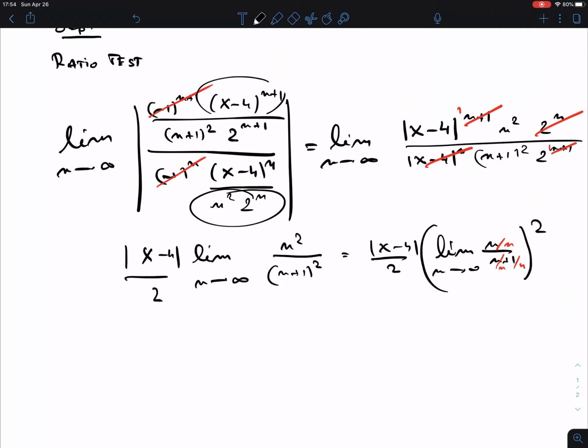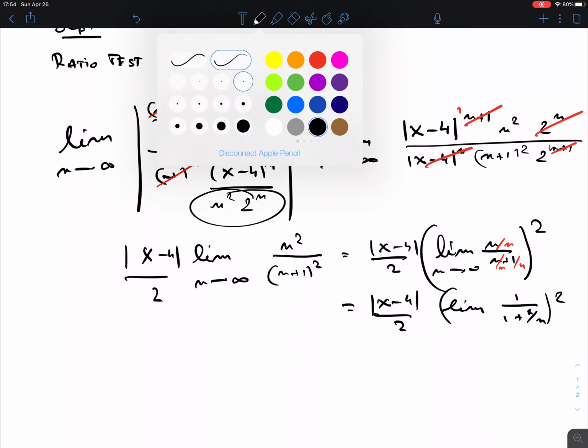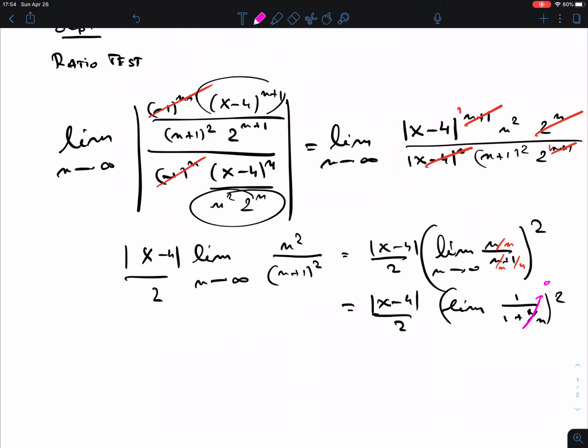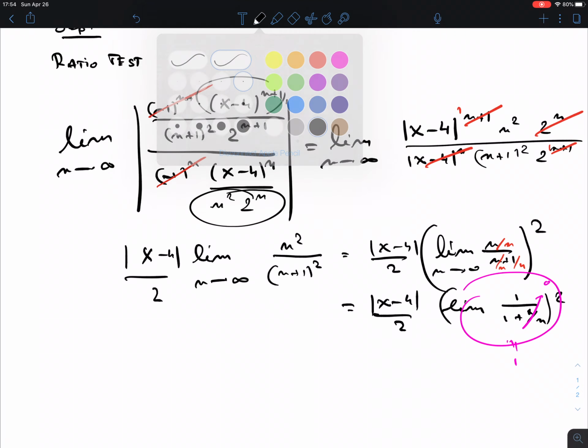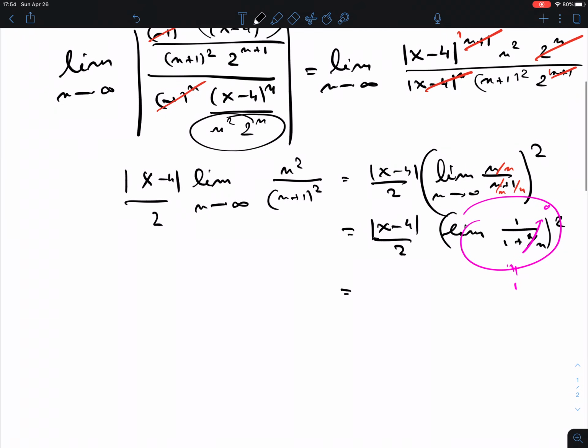Okay, so here this is |x - 4| over 2, and then we have the limit here of 1 over (1 + 1/n) squared. Now this last reciprocal goes to 0, so the whole thing here is just 1. So the conclusion is we get the ratio of |x - 4| over 2.